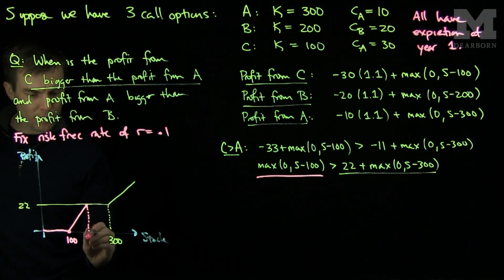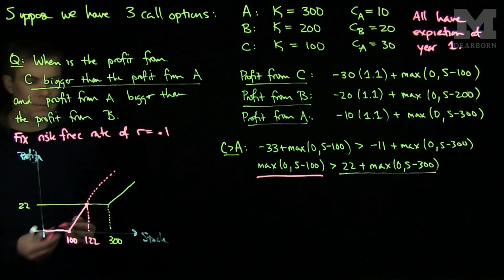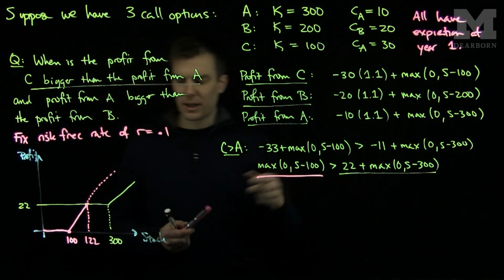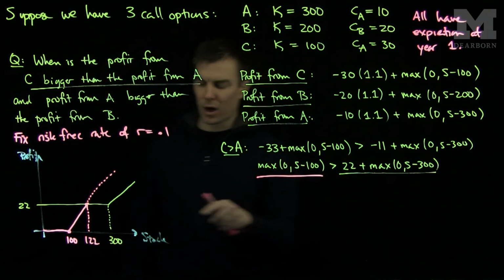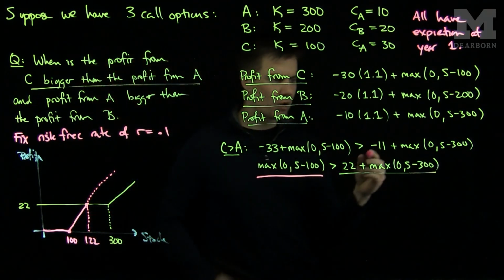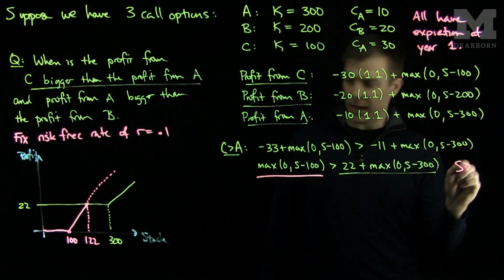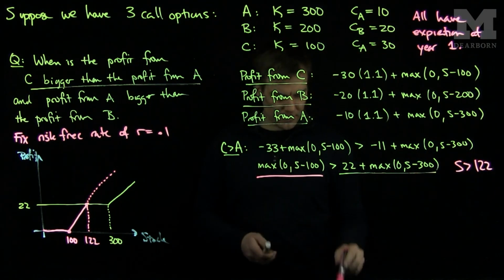So at the value of 122 is when the pink graph will go above the yellow graph. So we see that this inequality is true. In other words, the max of 0 and S minus 100 is bigger than 22 once we're past 122. So this inequality is true if S is bigger than 122. That's the first condition we have.